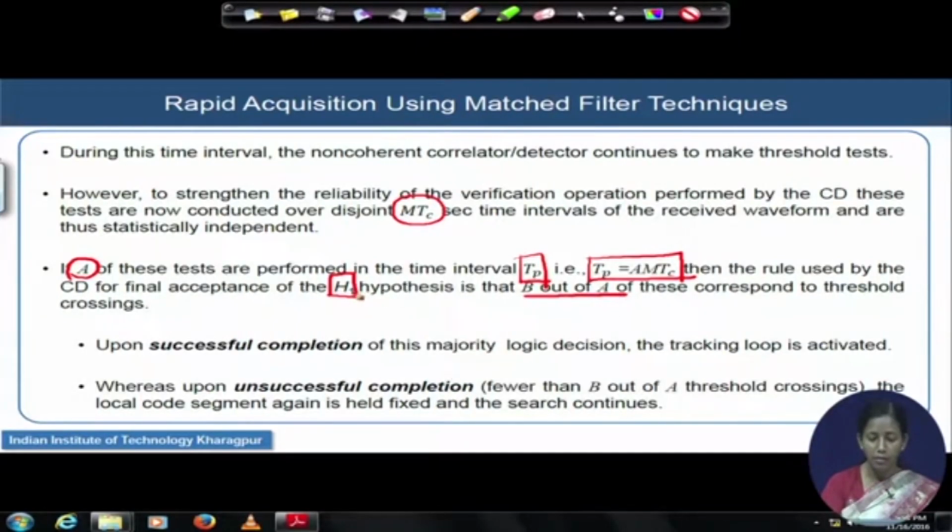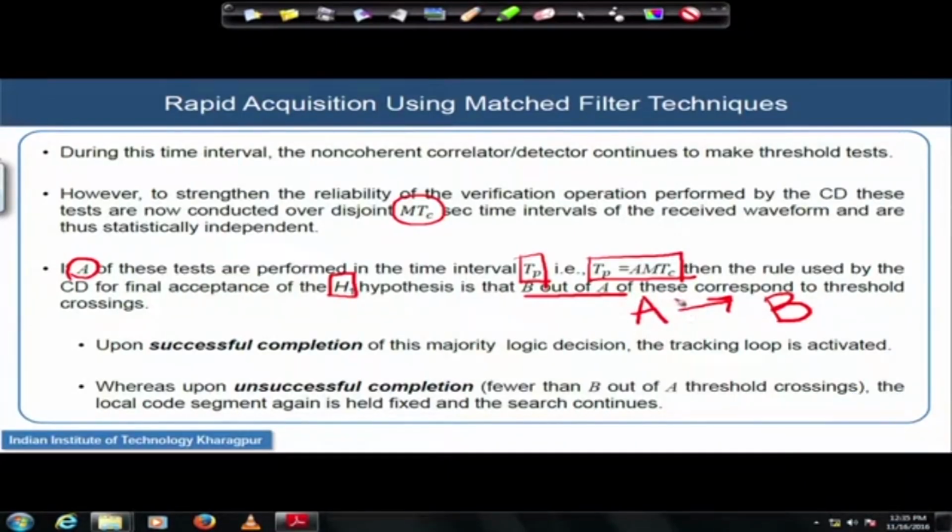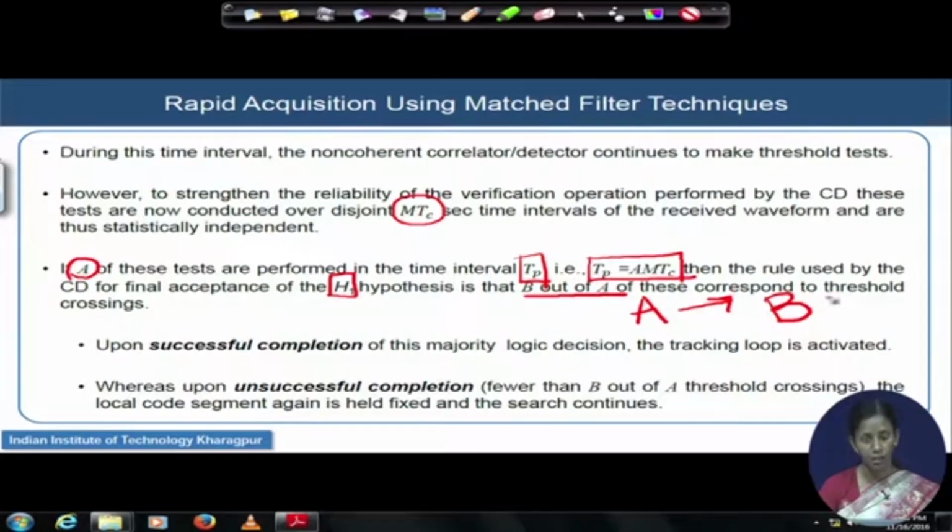So when the CD declares that there is a hit, the algorithm says that I have run the test capital A times, and out of those capital A times, capital B times I have seen that the correlated output has crossed the threshold level eta. So the logic is set a priori: you run capital A tests and find how many times it crosses the threshold. If for capital B number of times it successfully crosses, then you can declare successful completion, and hence you declare that there is a hit.